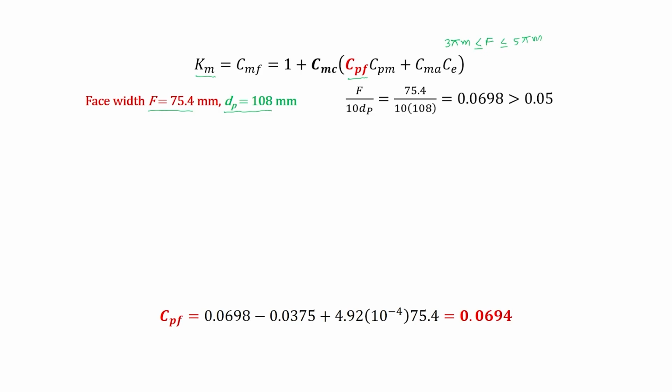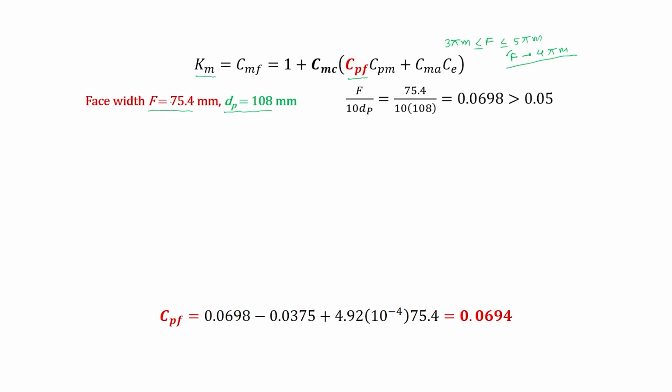We selected face width as a mid value, 4 pi m, and this is only for determination of the Km. Later on we will find this face width considering the bending fatigue and surface stresses, and then again modify this Km based on the final value of face width.